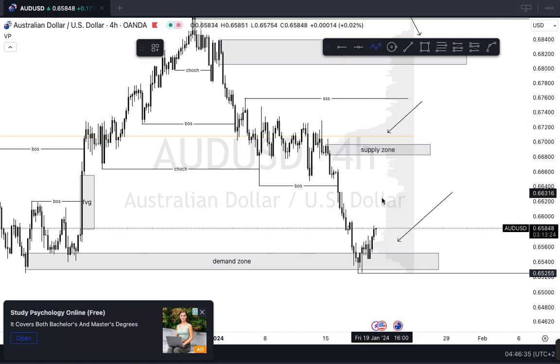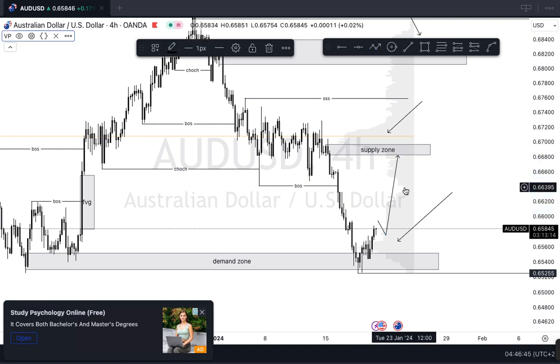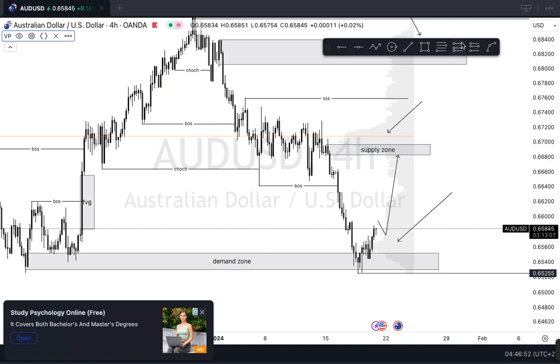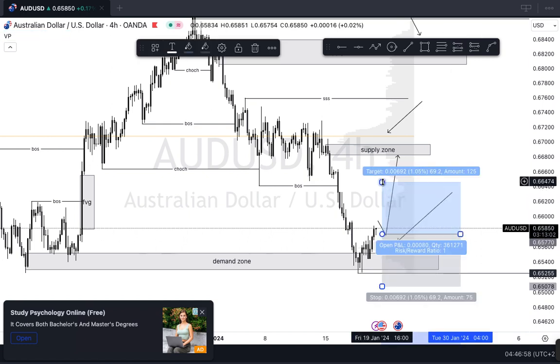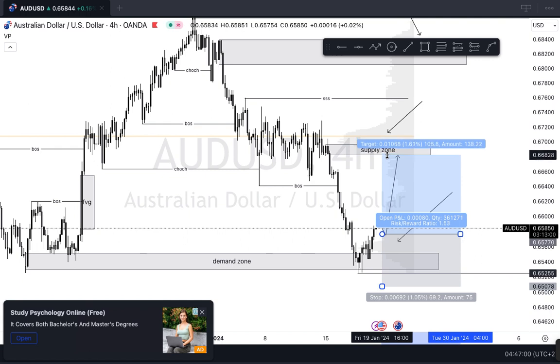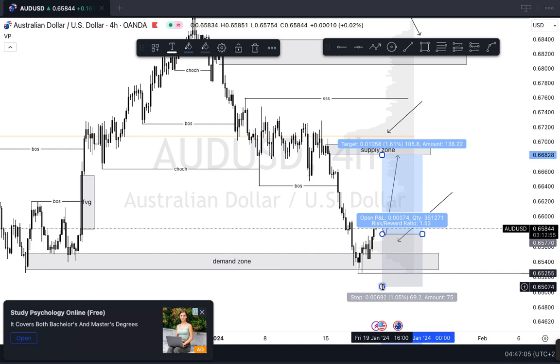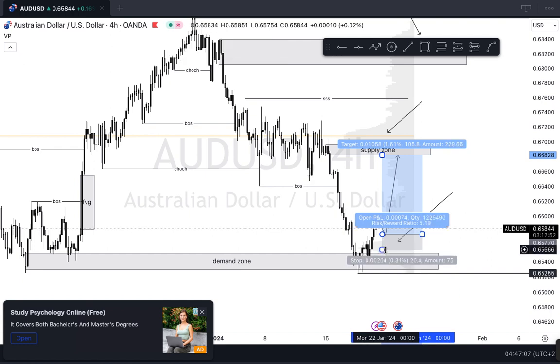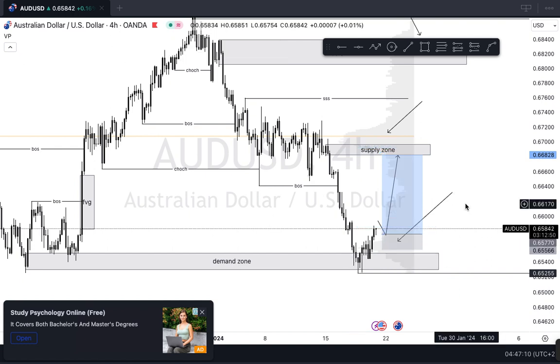Wait for the next 4 hours candlestick to open and pull back, and from here, that's where you take your trade, and you target 0.67000. You will catch your entry somewhere there, and your overall target is that area. Make sure your stop loss is tight.